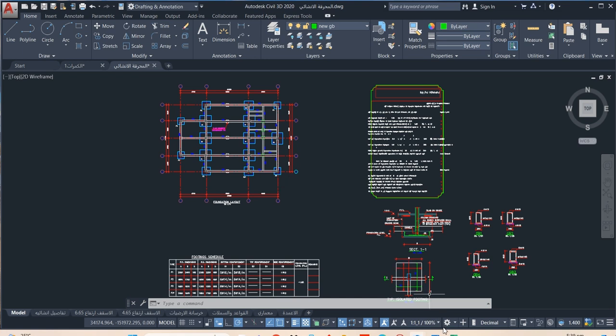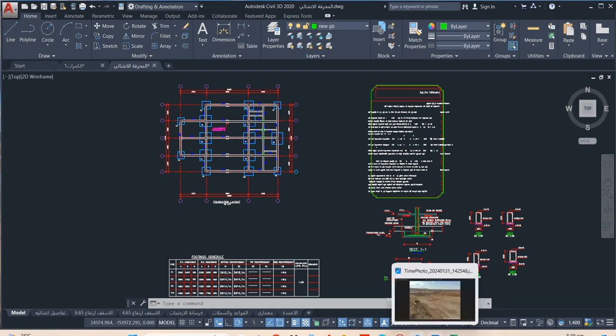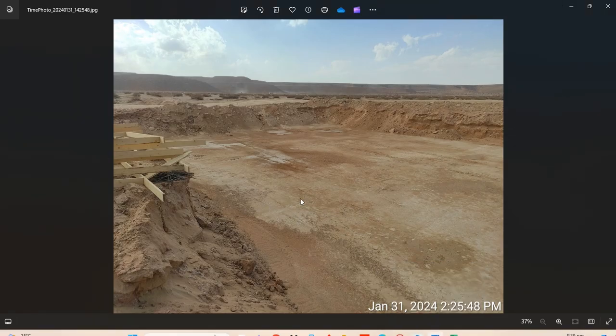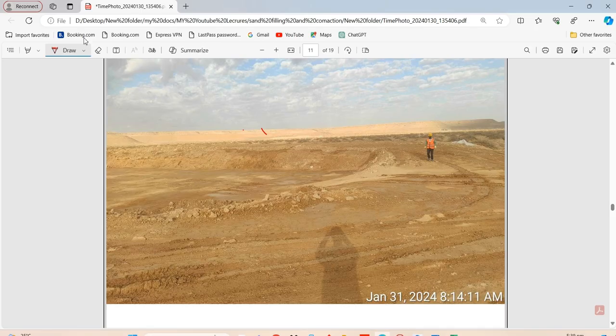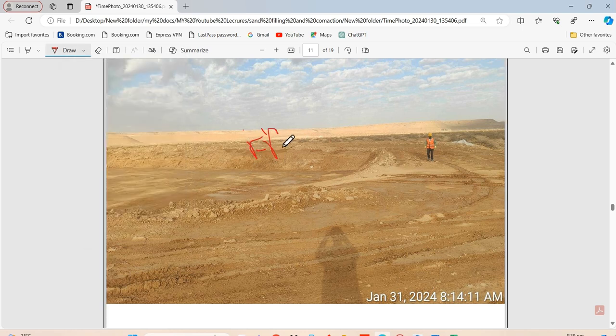After this excavation, let me show you in this diagram what happened. After we did this excavation, we applied a roller. After roller and compaction, we did the FDT test.